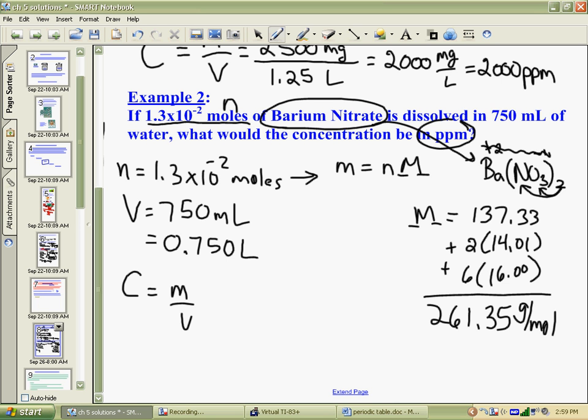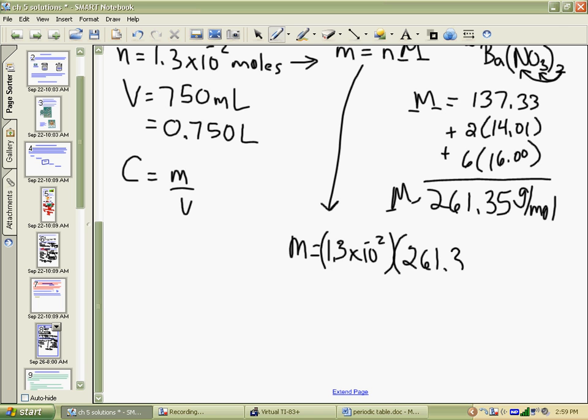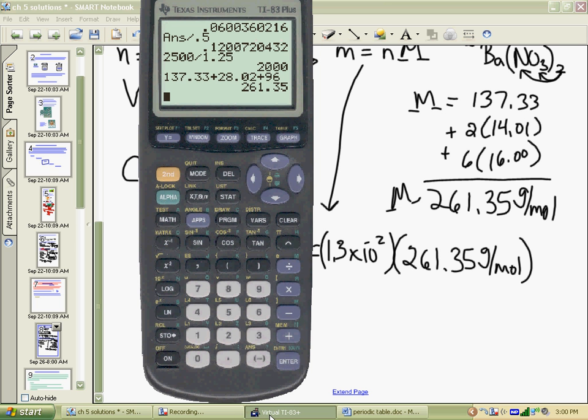Once we know the molar mass of barium nitrate, we can figure out the mass present. We have 1.3 times 10 to the negative 2 moles, and we multiply that by 261.35 grams per mole. Don't hit the multiply button when you're putting scientific notation in.